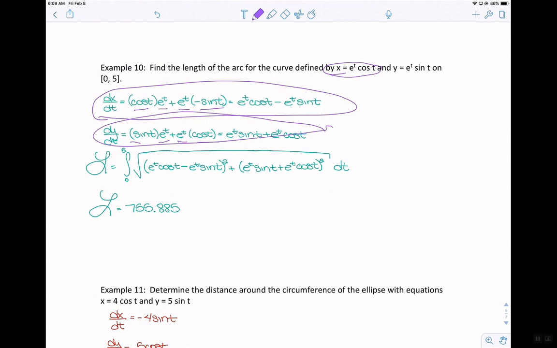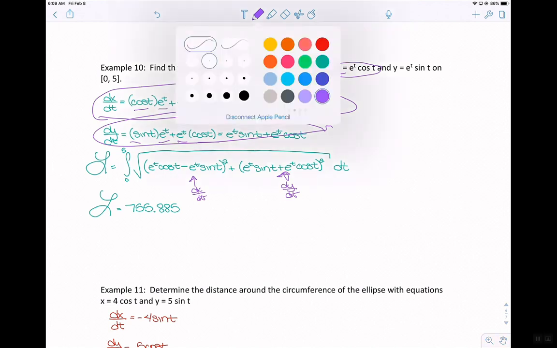And then I'm going to plug it into my formula here. So I plugged in my dx dt. I plugged in my dy dt. Now, in order for you to calculate this arc length from 0 to 5, you're going to have to use your graphing calculator. So let's be clear about what I did. I'm going to change colors here.